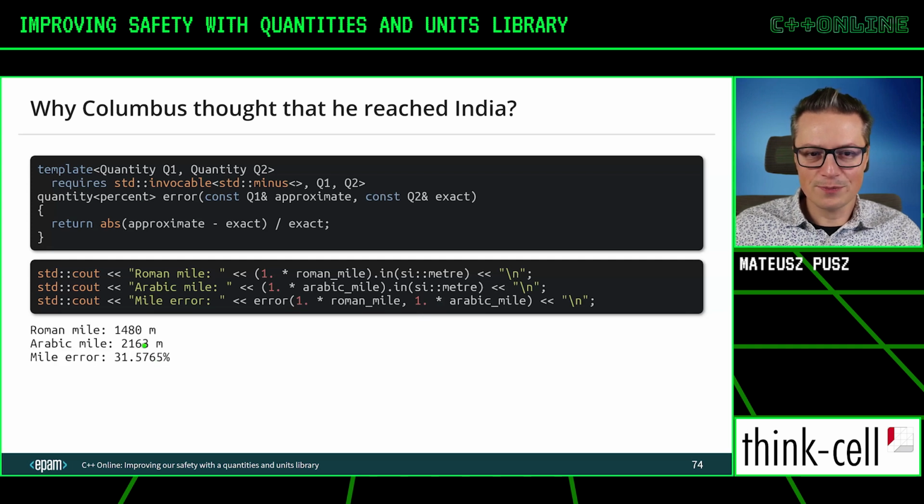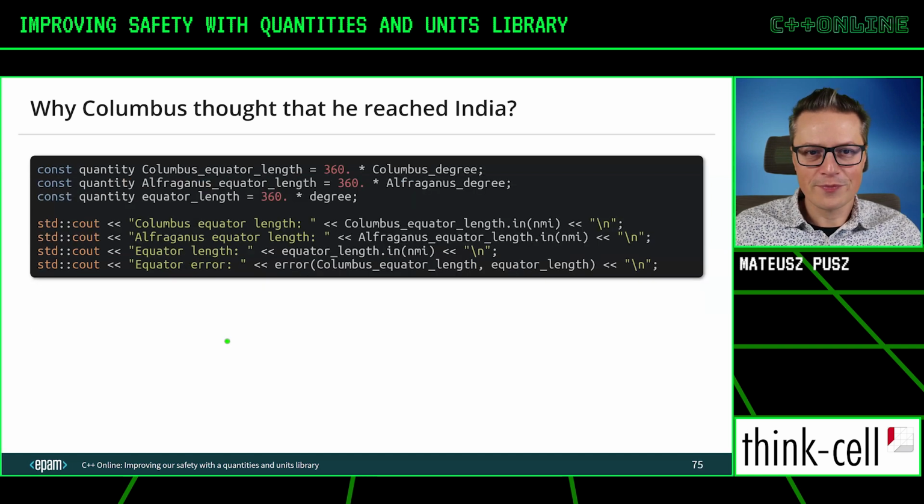And it turns out that the mile error here is 31%. So this is the difference between the miles used by Columbus and Alfraganus, 31% of the difference.